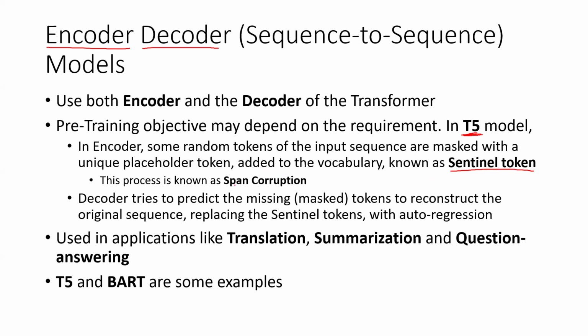This process is also known as span corruption, when we replace a sequence of words in the middle of a sentence or text with the sentinel token, and then ask the model to reconstruct the original sequence, replacing the sentinel tokens.